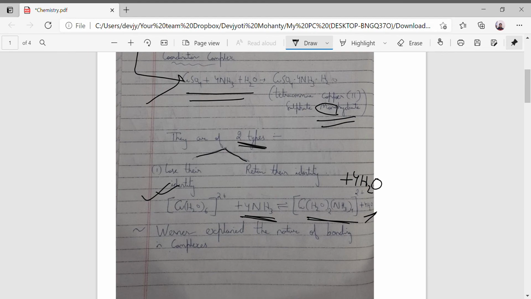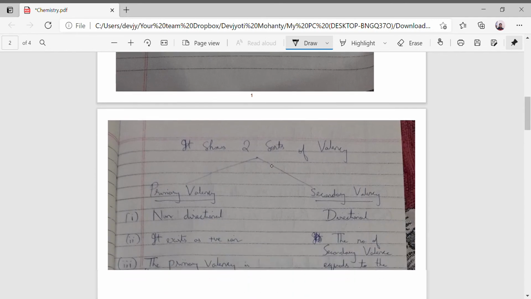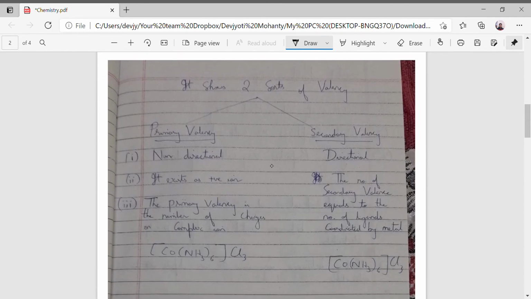Then we will come to Werner's experiment. What did Werner explain? Werner explained the nature of chemical bonding in some of the complexes. It shows two types of valency, one is the primary and the other is the secondary. Primary is non-directional, secondary is directional.